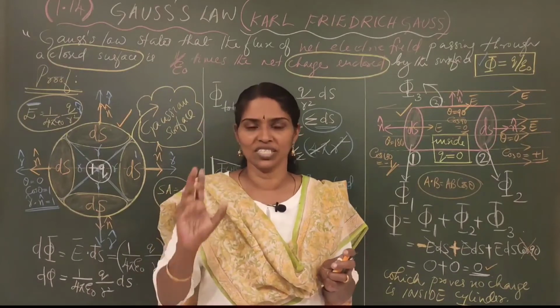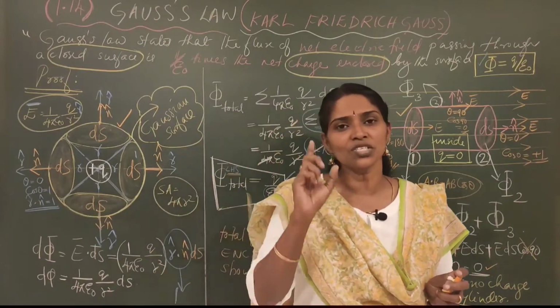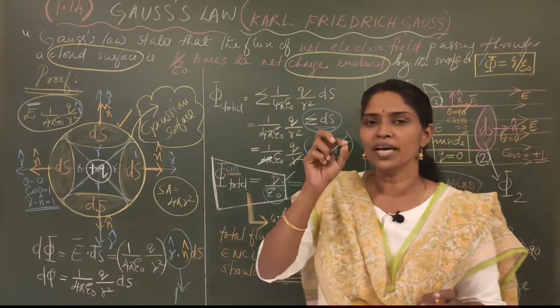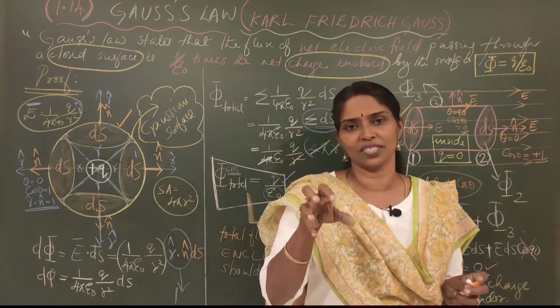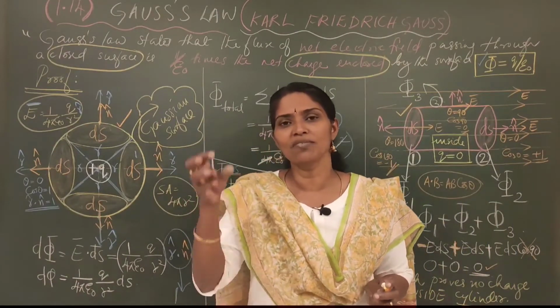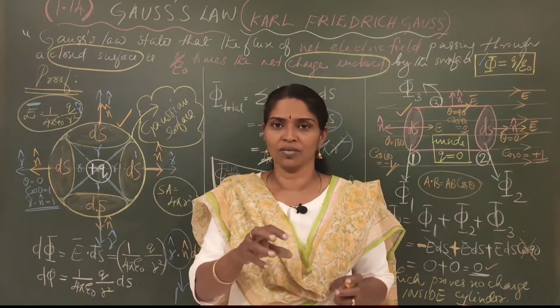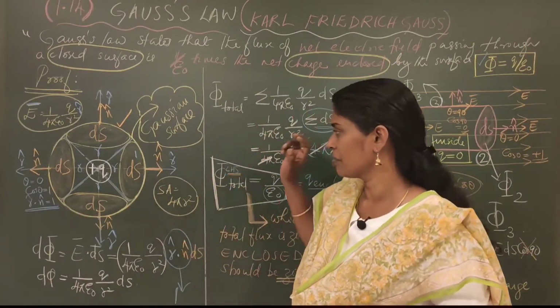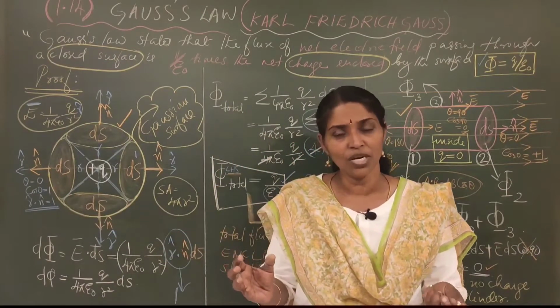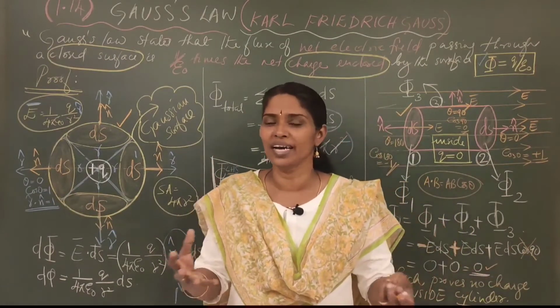And one more condition is there: the charge should be enclosed within that surface. That surface is known as a Gaussian surface, and the charge should be well enclosed. Clear? Okay, come back. This sphere I have cut into different solid angles.